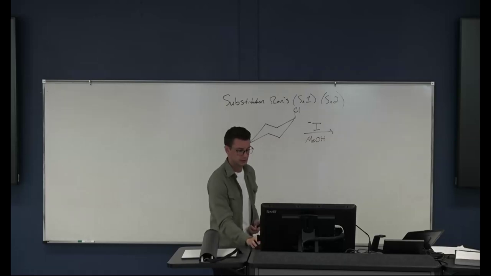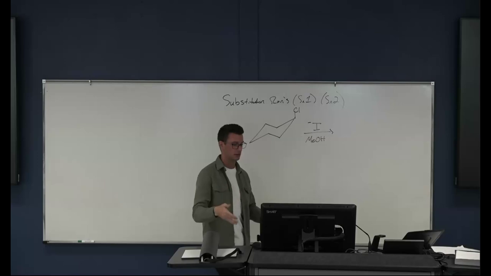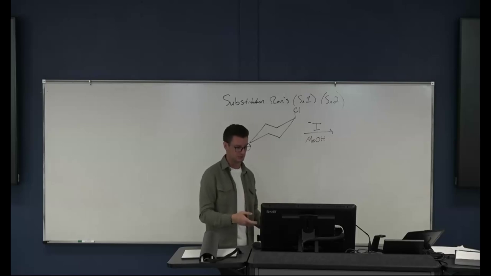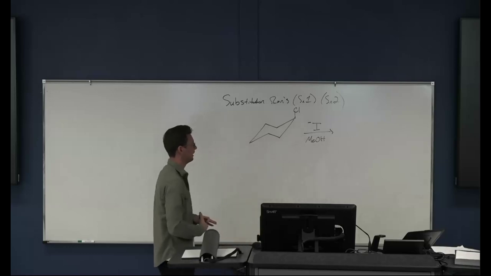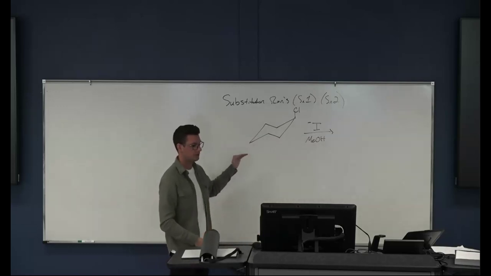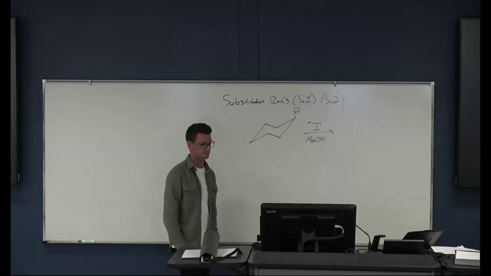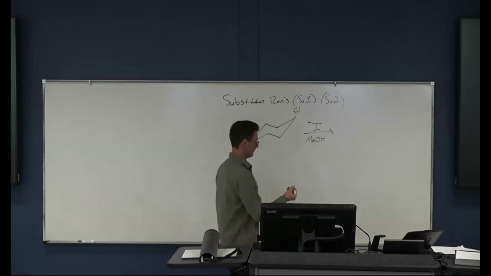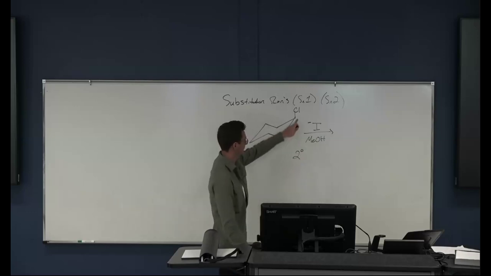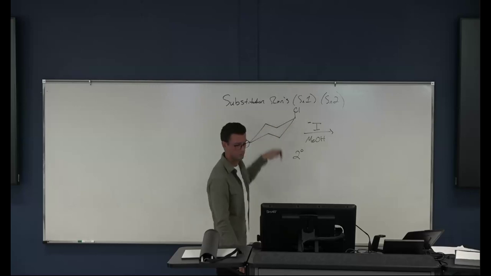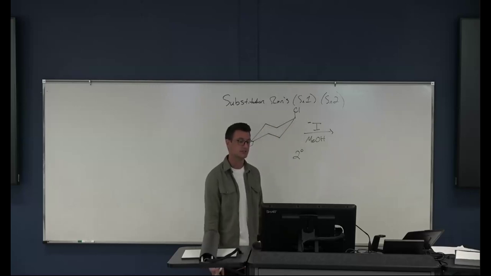So again, in order to find the products, we've got to know what type of reaction is occurring. All right, so is this Sn1 or Sn2? Is the substrate primary, secondary, or tertiary? It's going to be secondary. That carbon is bonded to two different carbons, secondary.